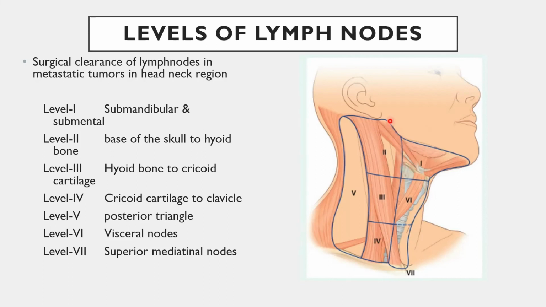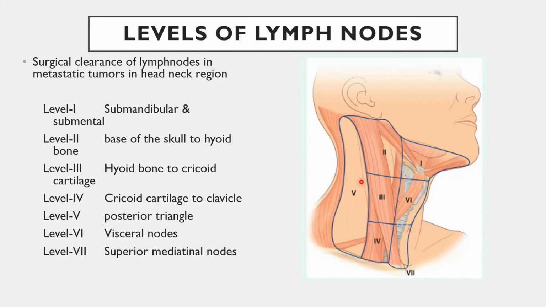Then level 2 is this area, from the base of the skull to the hyoid bone. Then level 3 from the hyoid to the cricoid area. Then level 4 from the cricoid area to the clavicle region. Then level 5 is the posterior triangle of the neck. Then level 6 and 7: 6 is the visceral lymph nodes, and 7 goes a little bit below to the superior mediastinal lymph nodes.